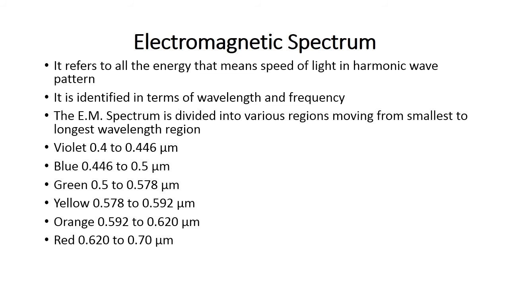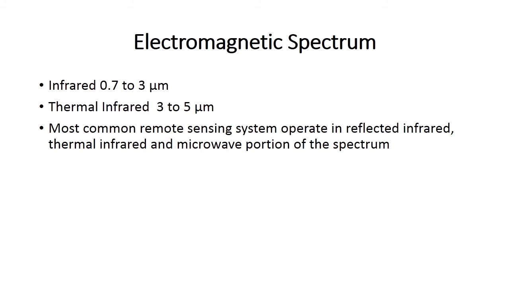Next to the visible portion is the infrared portion. That is the portion from 0.7 to 3 μm, and the thermal infrared portion, that is from 3 to 5 μm, from 8 to 14 μm, and still longer wavelengths which extend from 30 μm to 3 meters, followed by the division of radio waves.